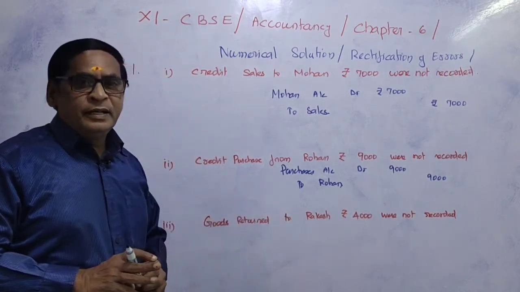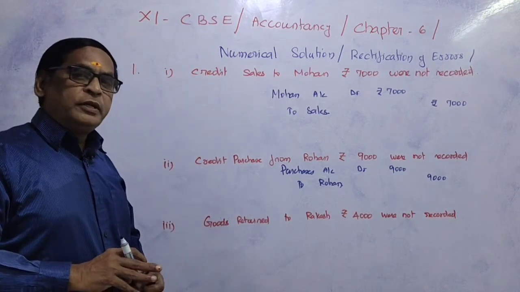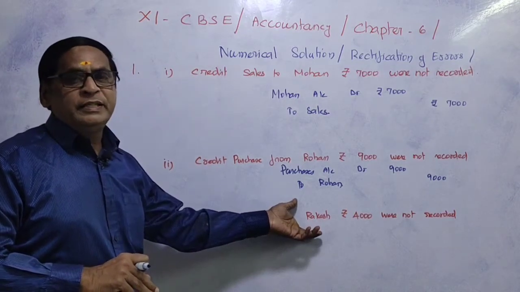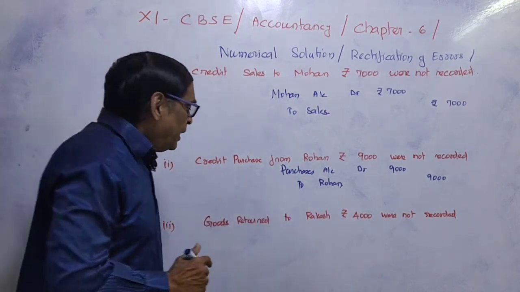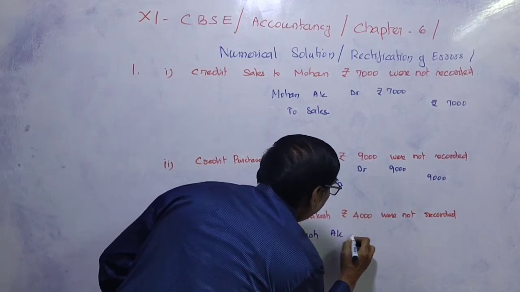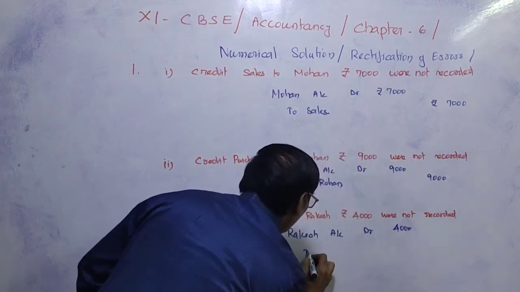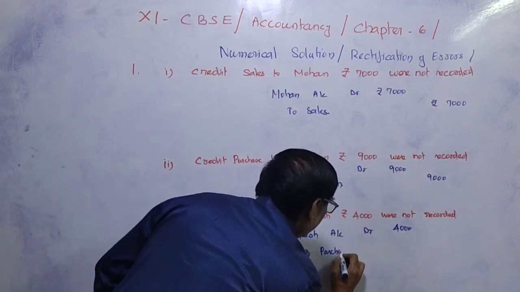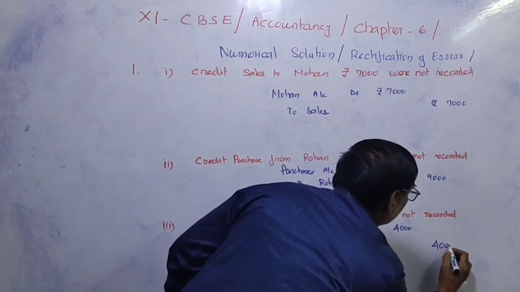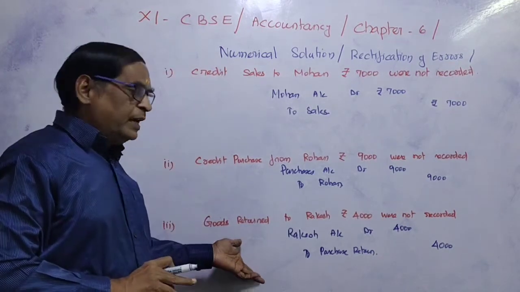So the purchase return must be credited, and the party account, the receiver, is debited. The Rakesh account is to be debited, rupees 4,000, to purchase return, 4,000. The narration: the purchase return was omitted, now entered.